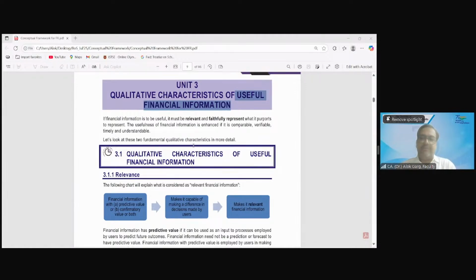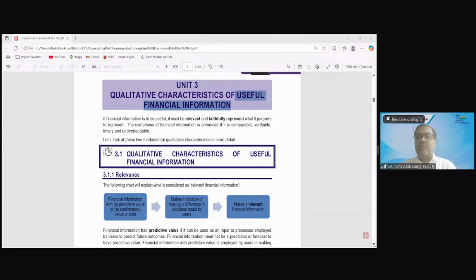Right? Faithfully represent. For example, for making a financial information relevant, it has to be material. It will provide your predictive value and confirmatory value. What is meant by predictive value or confirmatory value?